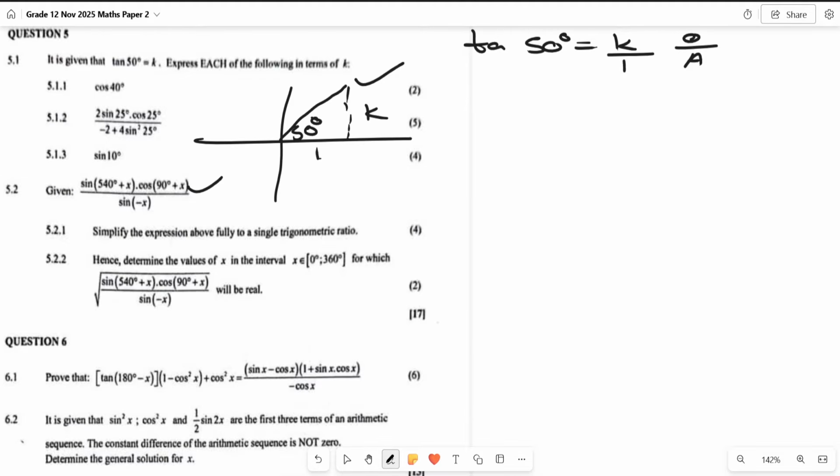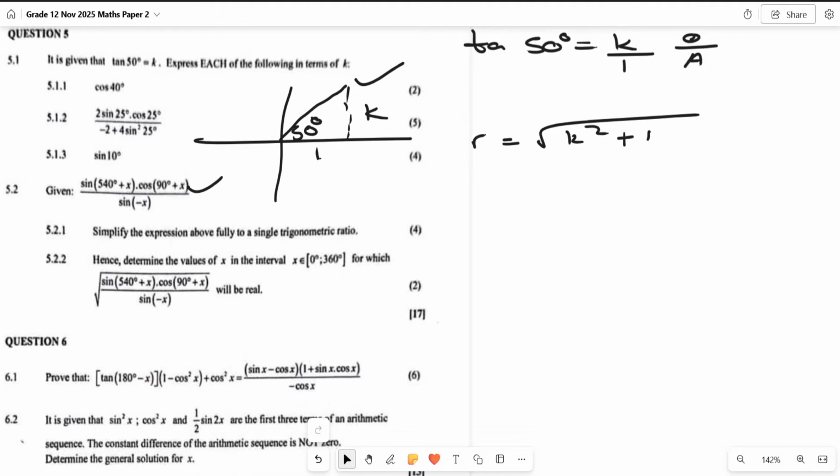That means that our hypotenuse is what we're going to calculate real quickly here. Hypotenuse or radius is equal to the square root of the opposite, which is k squared, minus the adjacent, which is 1 squared. Let me just double check that. Nope, it's supposed to be plus.